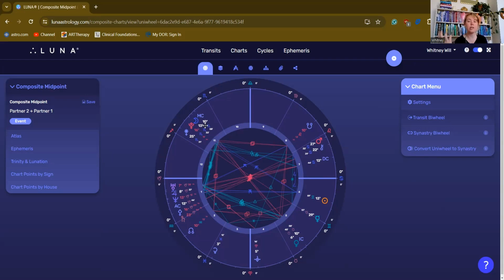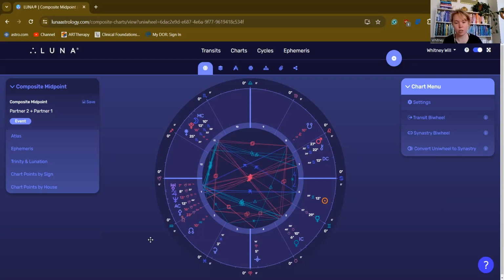So if the relationship were a person, what we could tell about it, what we would see in the relationship. So it has added partner two's chart to partner one's chart. And basically what it has done is found the average, the midpoint between each of the placements.